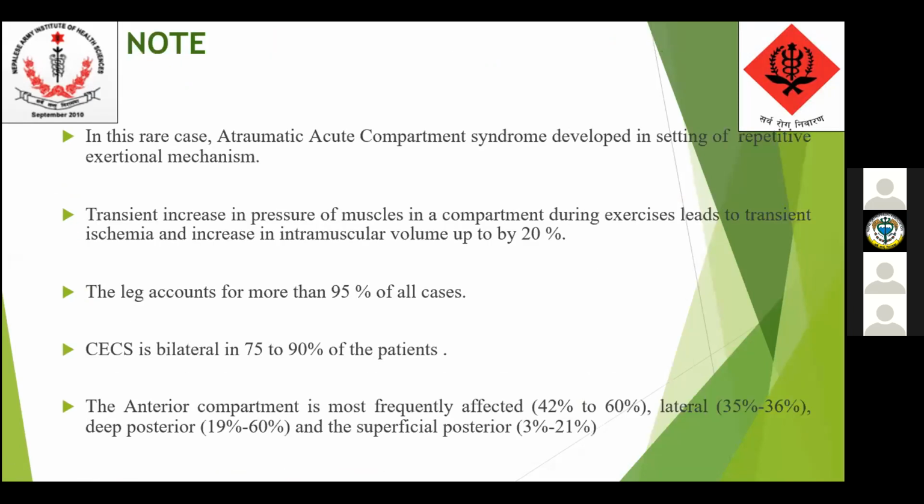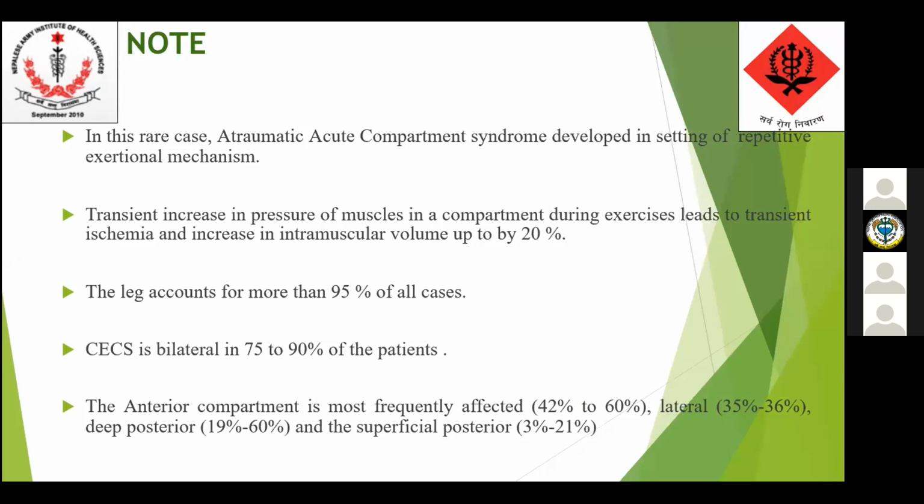The take-home message is that this was a rare case which we thought was chronic exertional compartment syndrome, but it developed into acute compartment syndrome in the setting of an exertional mechanism.